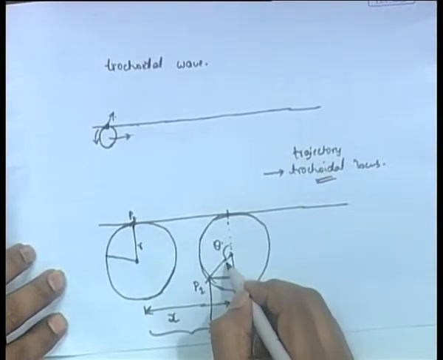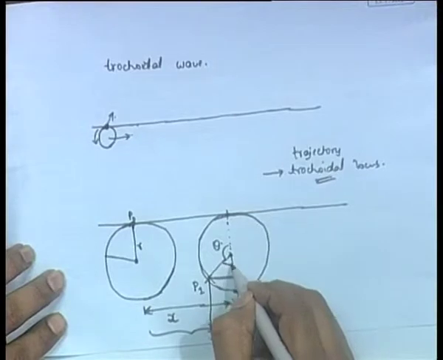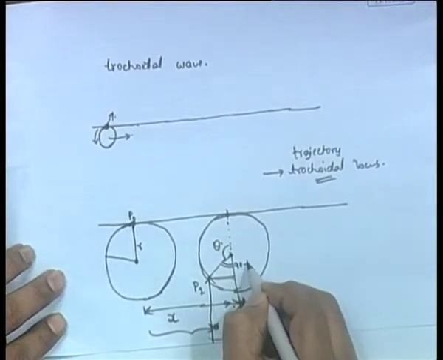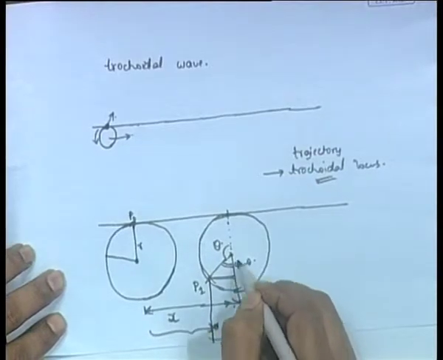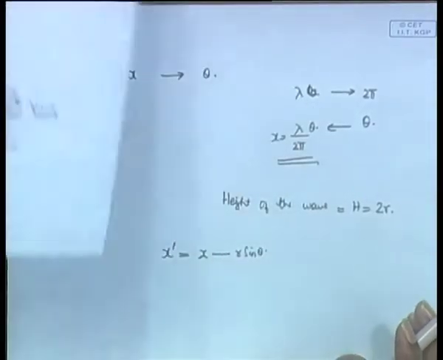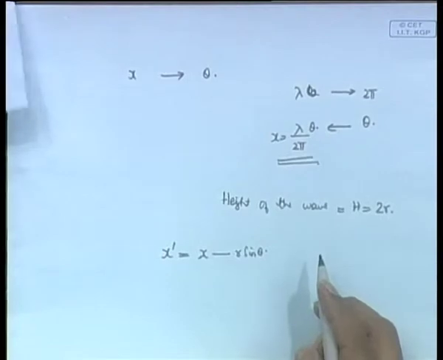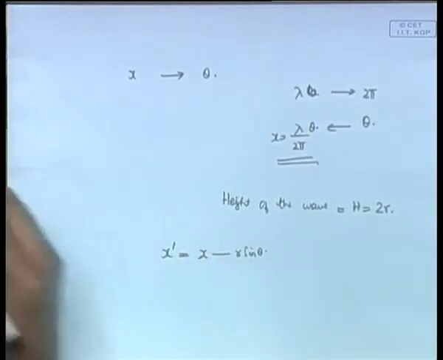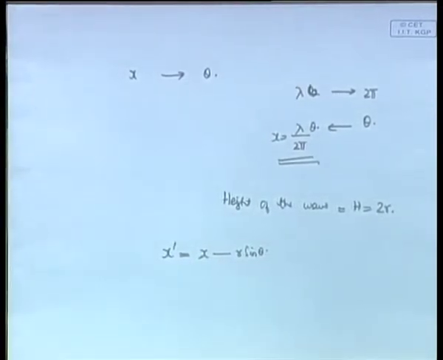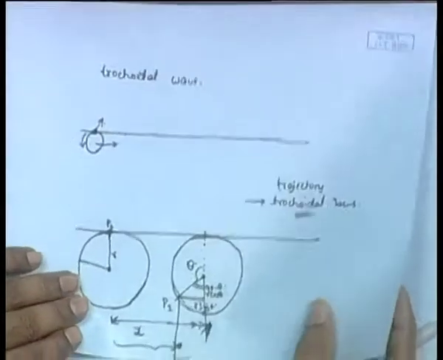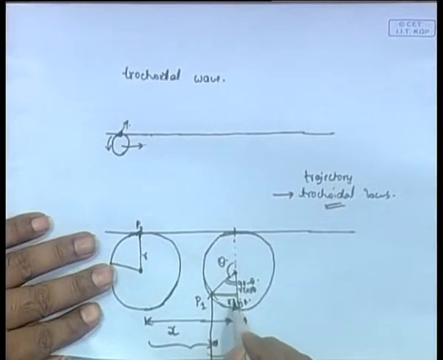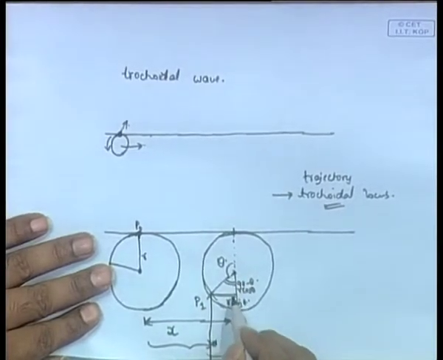So, this is theta and this is therefore 90 minus theta. This distance becomes r sin theta and this distance becomes r cos theta.